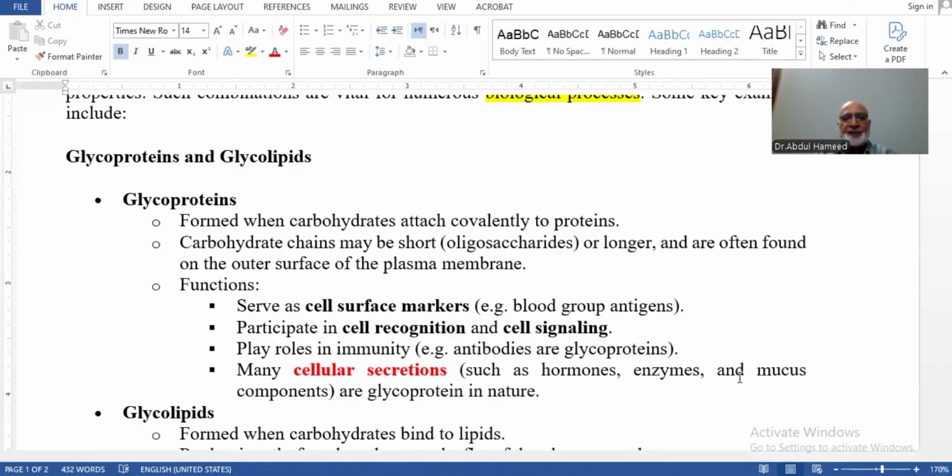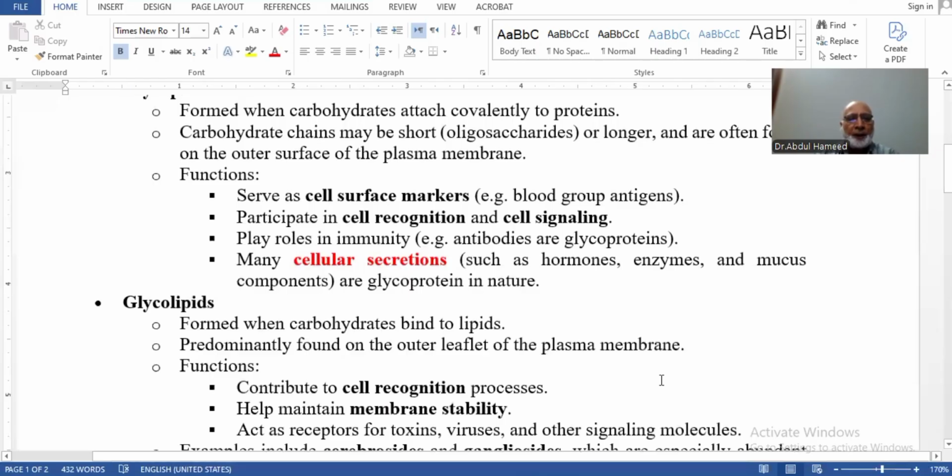Many cellular secretions, such as hormones, enzymes, and mucous components, are glycoproteins as well. When proteins are synthesized in the rough endoplasmic reticulum and move to the Golgi complex, the Golgi complex may add certain carbohydrate molecules, and the combination will be glycoproteins. They may be exported out, and then perform their function in different areas of the body.